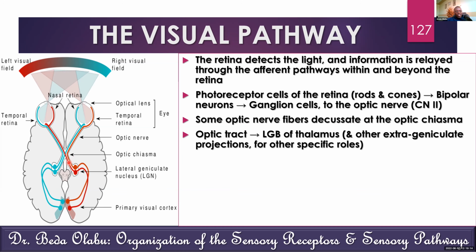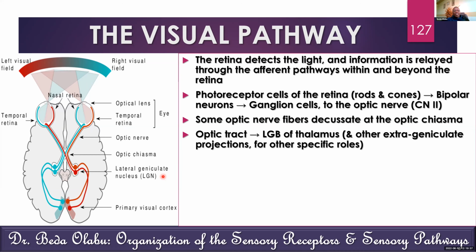These fibers within the optic tract are designated for the thalamus. The region of the thalamus that receives the second order neurons for vision is called the lateral geniculate body. You can call it the lateral geniculate nucleus of thalamus.